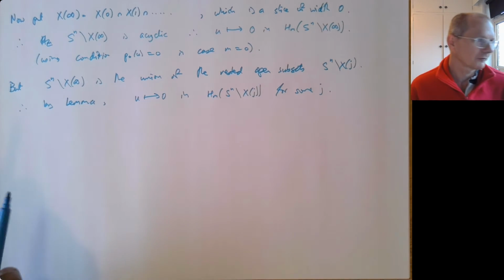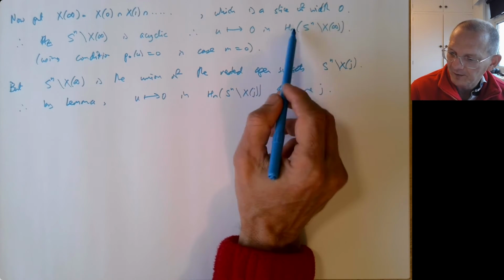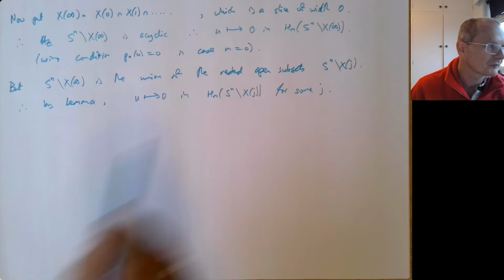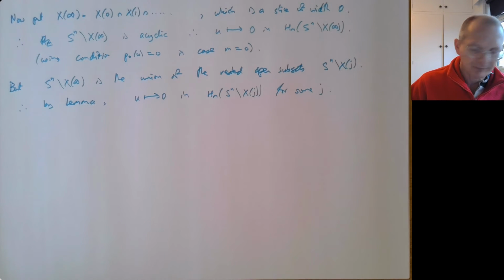So that means that U goes to 0 when we go all the way to this infinite stage. Then it must have gone to 0 already at a finite stage by this compactness argument that we had in the previous video.